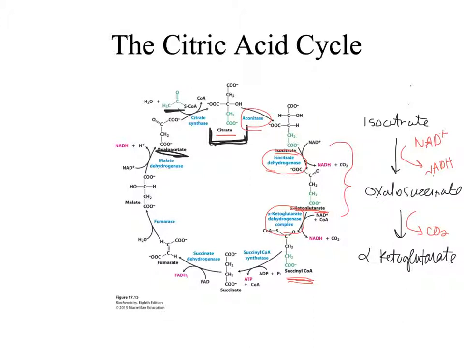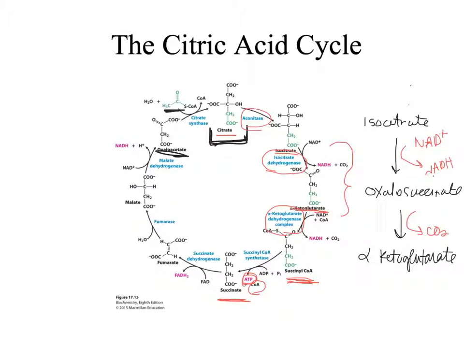This step, the succinyl-CoA to succinate, is the only step in the citric acid cycle where we're generating ATP. It's the only step that directly yields ATP or an equivalent. And here, the resulting product is going to be our succinate. And we're also going to have CoA being released and ATP.